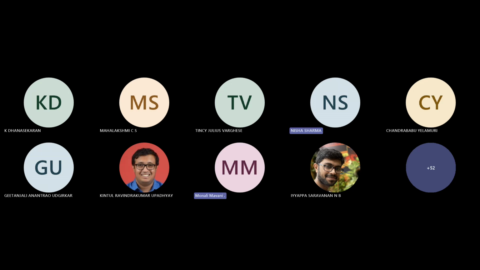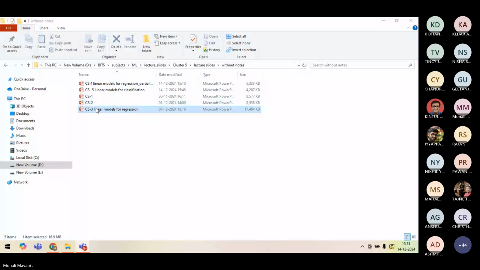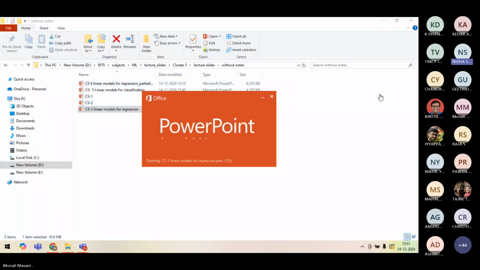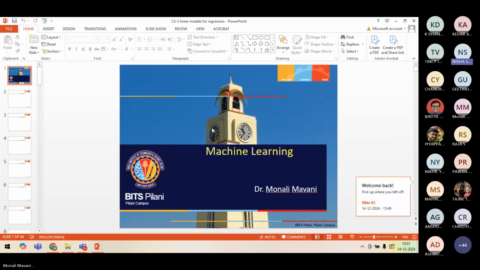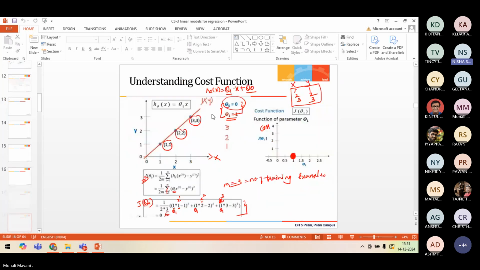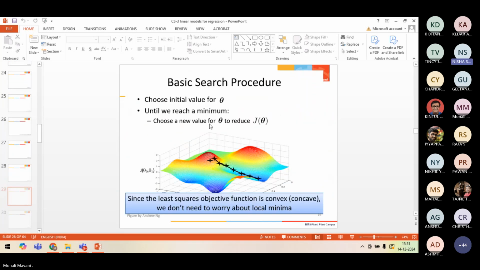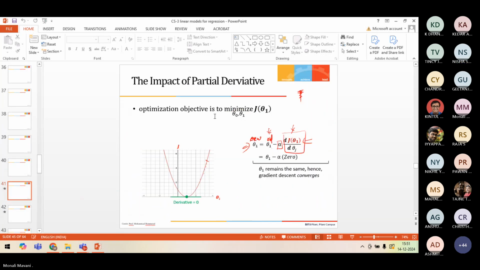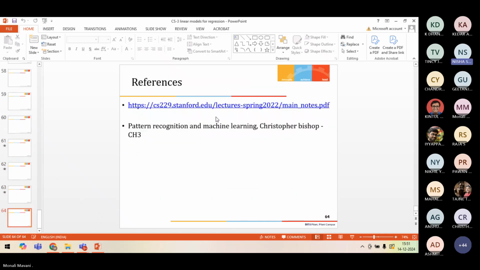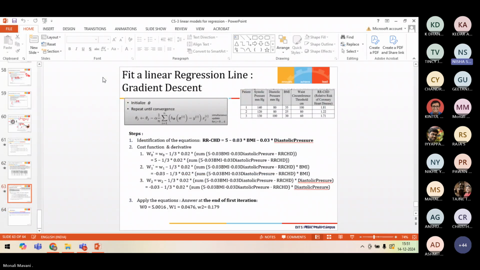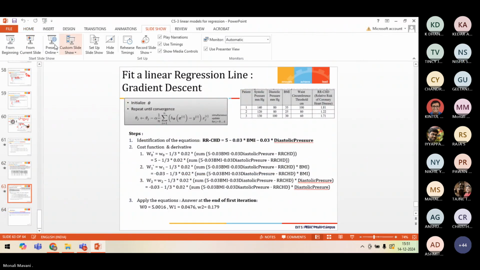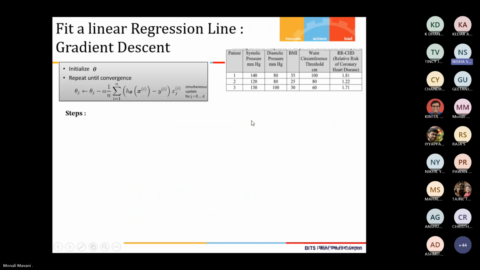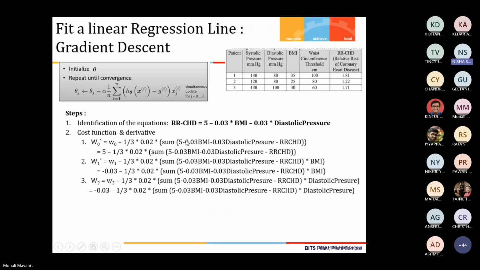One minute. We say that W1 dash, W0 I was able to do. W1 dash, that sum of W0 plus W1 into X1 plus W2 X2 minus Y into X.